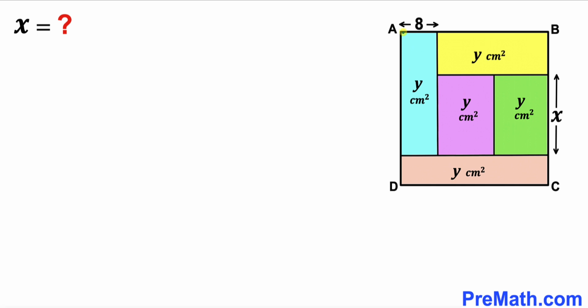And furthermore, this horizontal side length of this blue rectangle is 8 centimeter, whereas the side length of this green rectangle is represented by x. And now our task is to calculate this side length x.